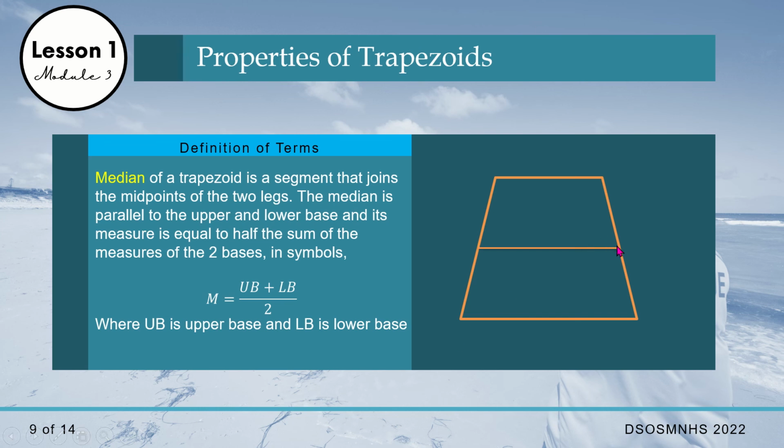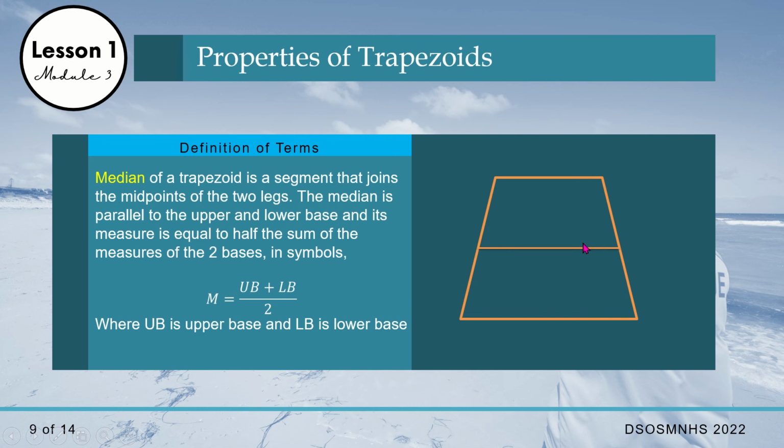Kani siya midpoint po ni siya sa right leg. So, ang connecting segment niya gitawag median. The median is parallel to the upper and the lower base, no? Klaro kayo. And its measure is equal to half the sum of the measures of the two bases. Half the sum.